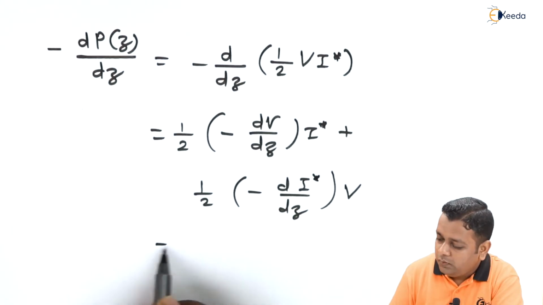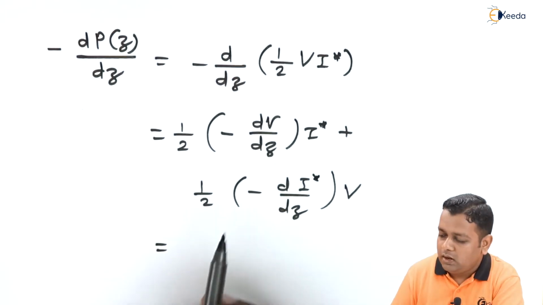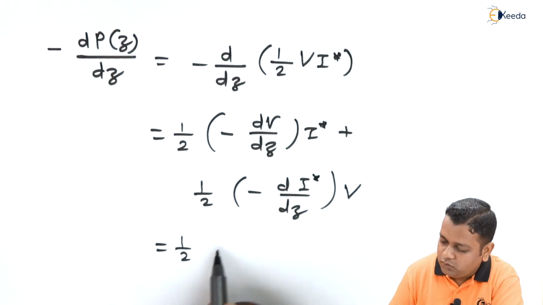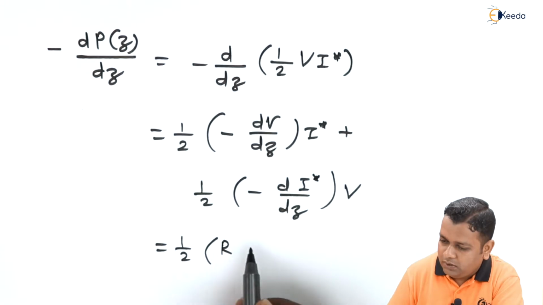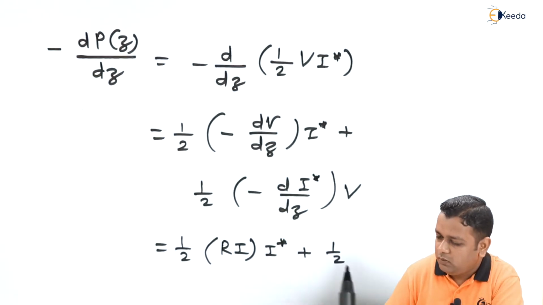Further, by the use of Ohm's law, we can make the first term represented as 1 by 2 times, in the bracket, capital R into I into I asterisk, added with 1 by 2 times sigma into V into V asterisk.